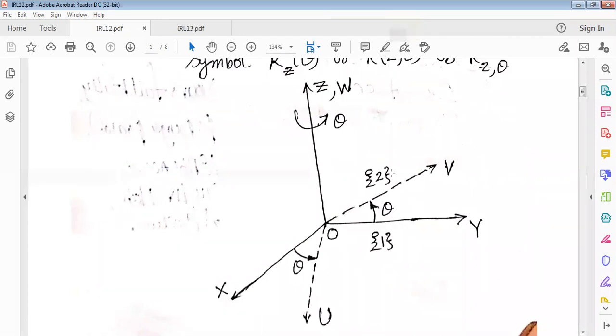Between the x-axis and U there is an angle theta, and similarly between Y and V there is an angle theta, because the second frame is rotated about the z-axis. Initially both frames' axes are coincident, XYZ and UVW. After rotation about the z-axis, the second frame moves from frame 1 to the new position by an angle theta.